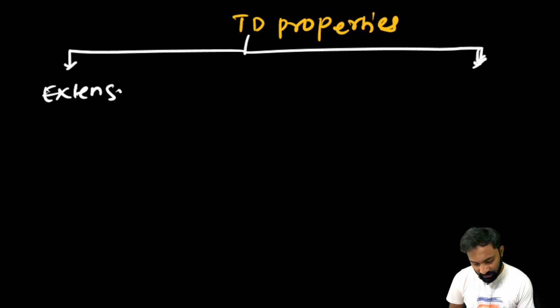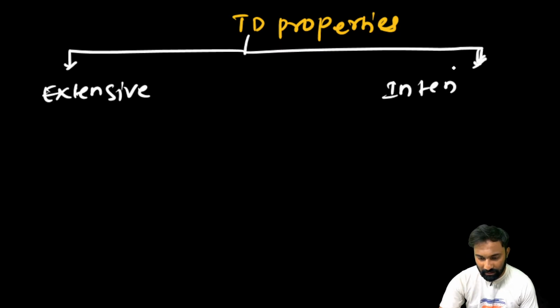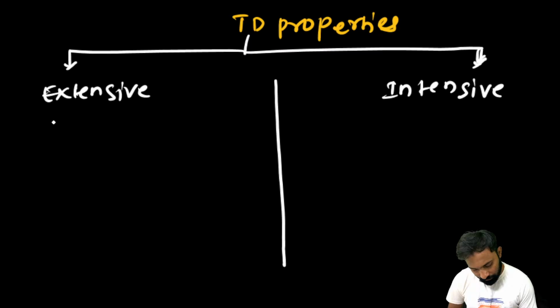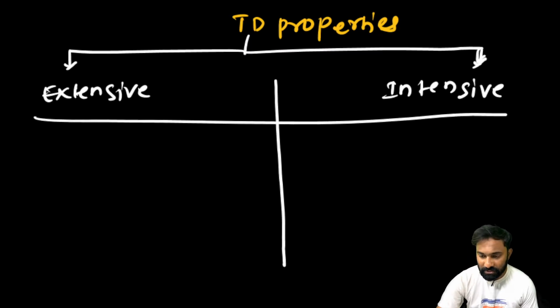Clear? Now, what is the extensive property and what is the intensive property? Extensive properties are additive and divisible in nature.